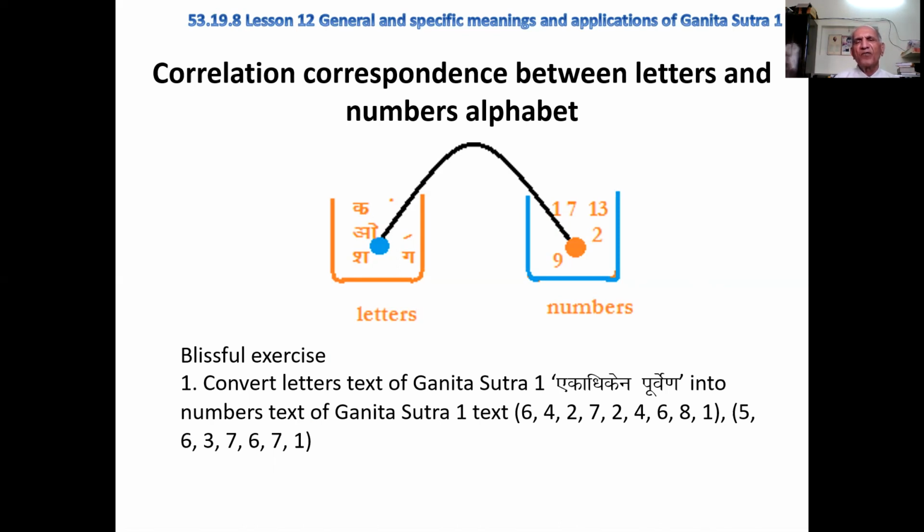Text of Ganita Sutra 1 being 6, 4, 2, 7, 2, 4, 6, 8, 1 for Ekadhikain and 5, 6, 3, 7, 6, 7, 1 for Purvain.